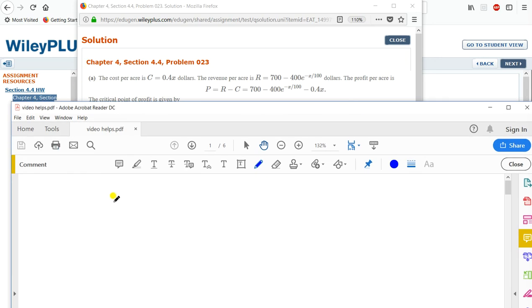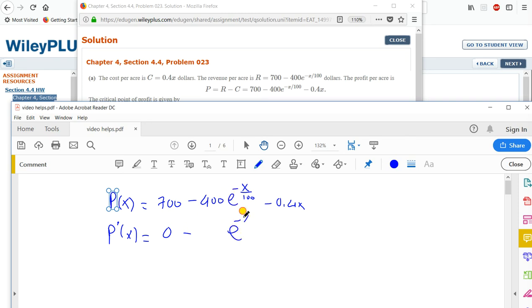So we got the profits function, P of x equal to 700 minus 400 e to the minus x over 100 and minus 0.4x. If you take P prime, the constant becomes 0, right? And then the exponential function stays the same, over 100, and then the coefficient here.